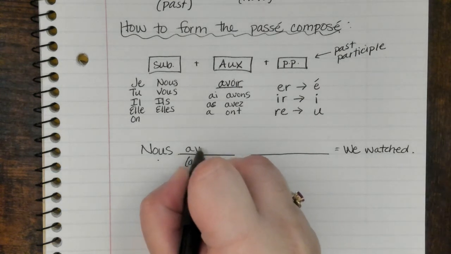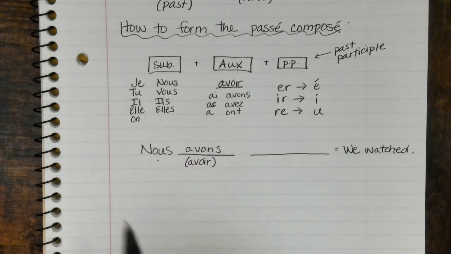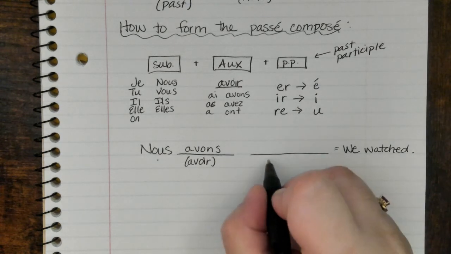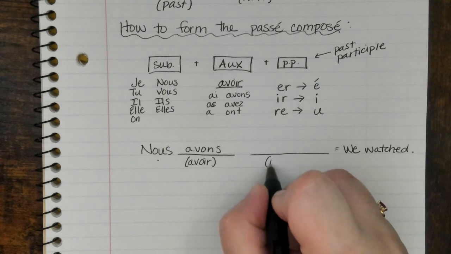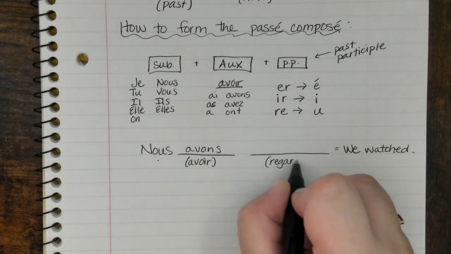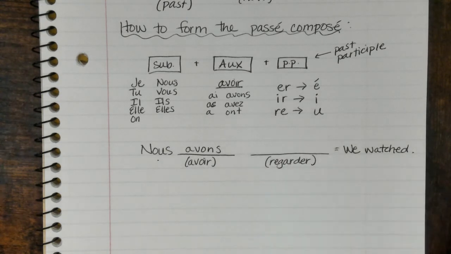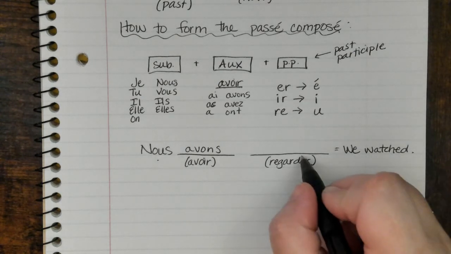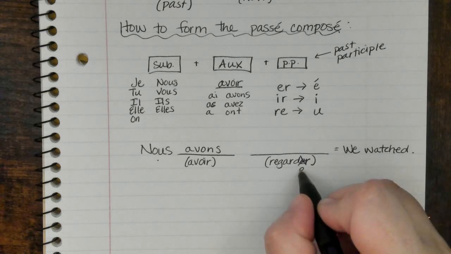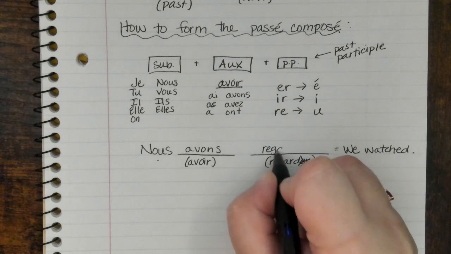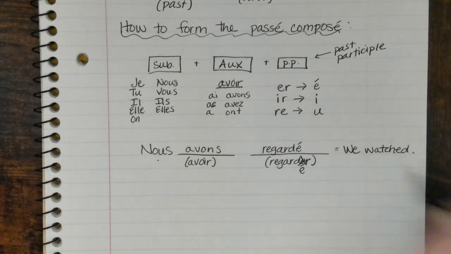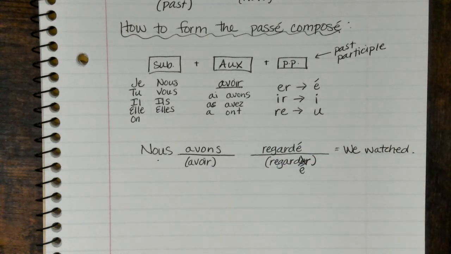So this is going to be avons. And then the past participle is going to be the past participle of the verb that means to watch. So to watch is regarder. And now we need to make that into a past participle. So to do that, take off the ER and replace it with the E accent aigu. So nous avons regardé means we watched.